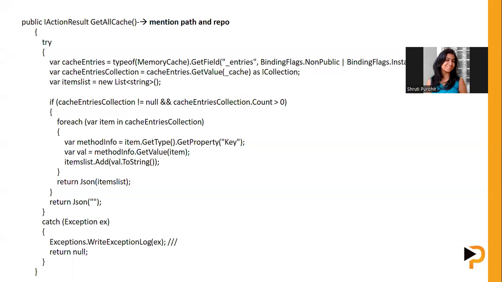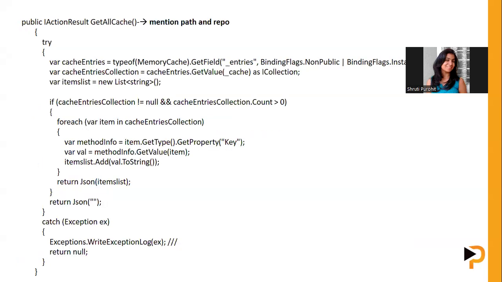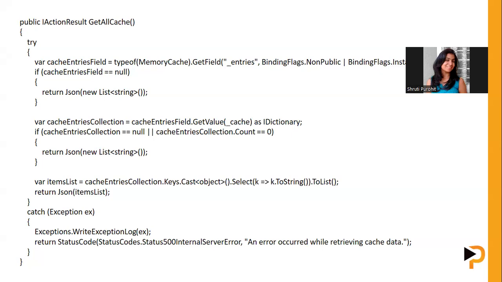Okay. Now one thing I want to point out here. This is the normal code we normally write in a hurry, and this is the optimized code for the same block of code. First we declare this cache entries field. If this cache entries field is null, then we return the null result.